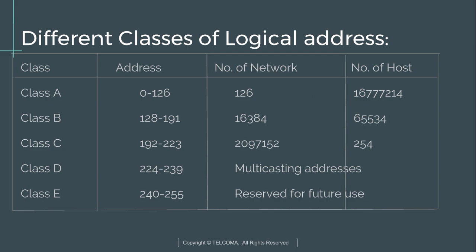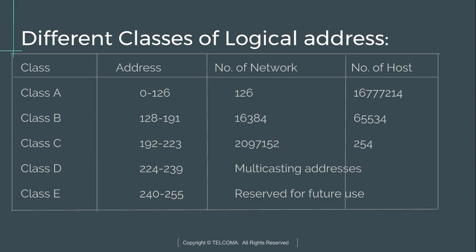The next is different classes of logical address. The logical address is further divided into classes, and each class represents its own range of IP addresses. Class A IP addresses range from 0 to 126, class B ranges between 128 to 191, class C ranges between 192 to 223, class D IP addresses range between 224 to 239, and class E represents IP addresses from 240 to 255.